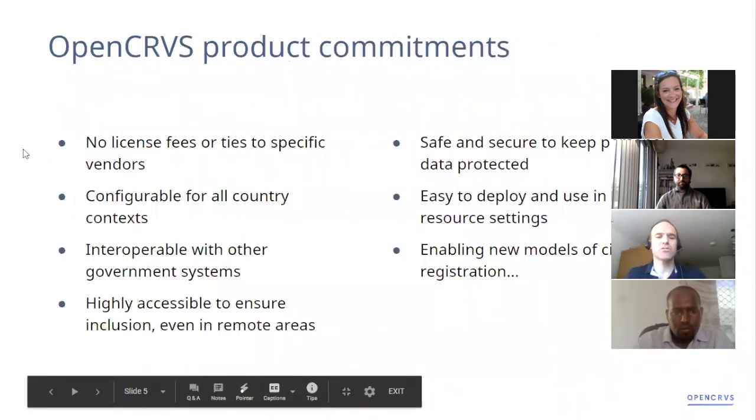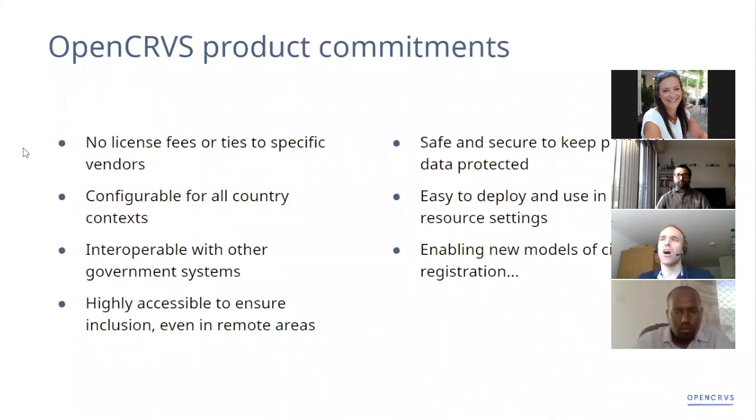From the outset, a number of years ago now, we made a certain number of commitments to the OpenCRVS product and what we wanted it to be. And here are those commitments. And I'm really proud to say that 3 years on, we have a product which complies with and enables all of these commitments. And that's what we're going to share with you today. So first up, we wanted to ensure that OpenCRVS involved no license fees, so it was publicly available, and OpenCRVS is not tied to any one specific software vendor.